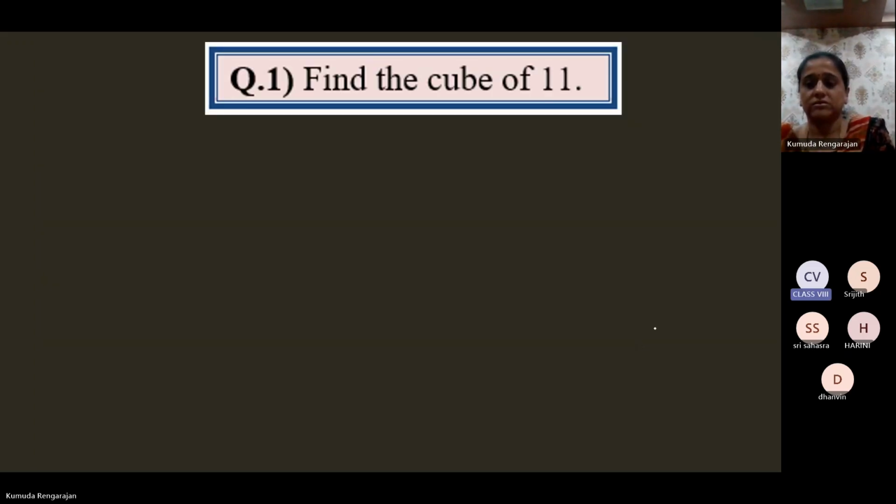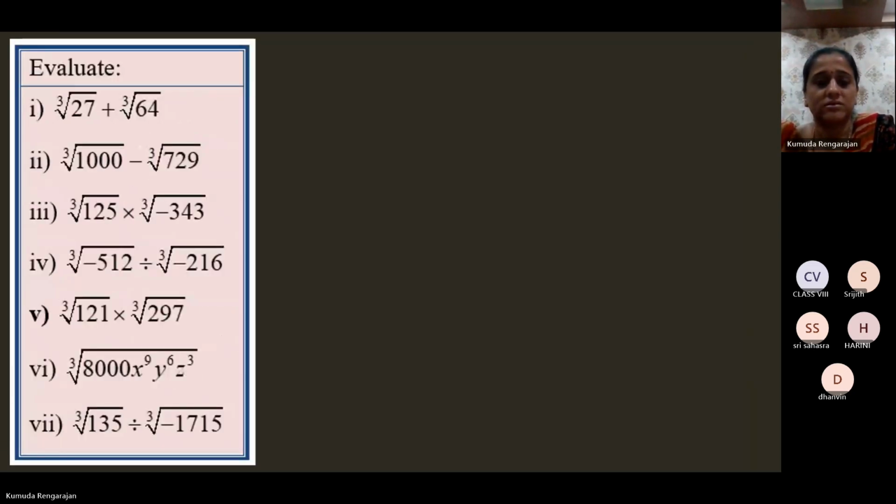Ma'am, from this find cube root of 11, this is the working part. Today's classwork. We'll be answering the questions. You'll be working out the answers in the class. The notes I'll share on WhatsApp as usual. You have to complete them.